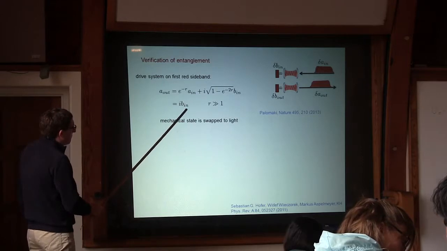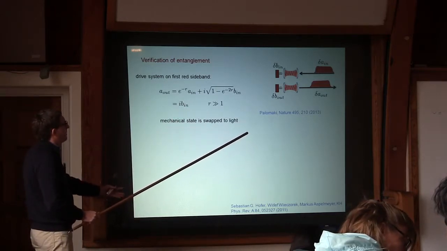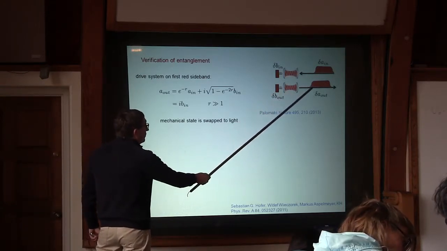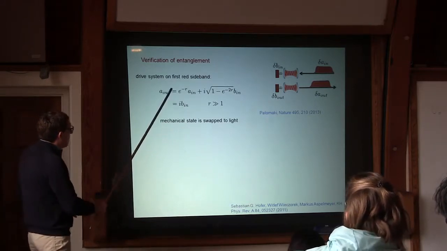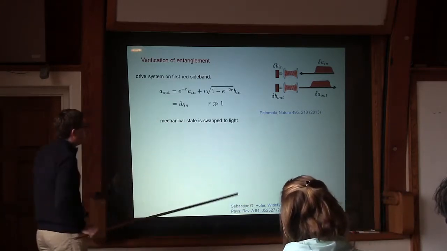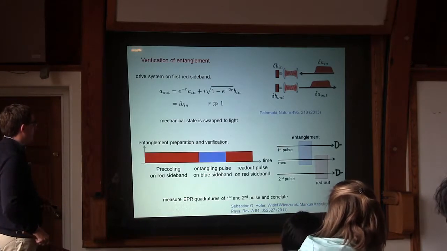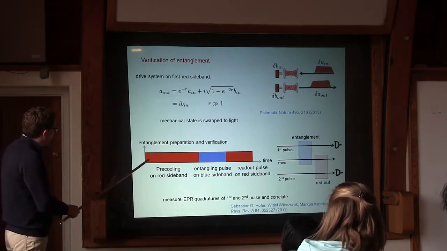So we can shoot the first pulse, measure the first pulse, then shoot the readout pulse, swap the mechanical state to light, and measure the second pulse. This swap operation was shown by the Konrad Lehnert group in 2013, and now we can combine that and perform the following protocol.